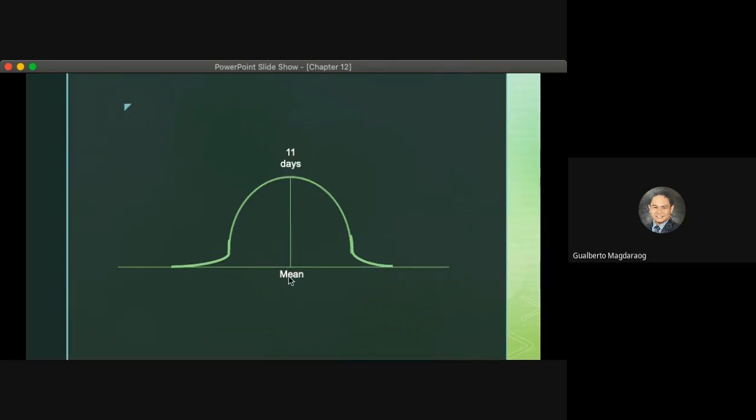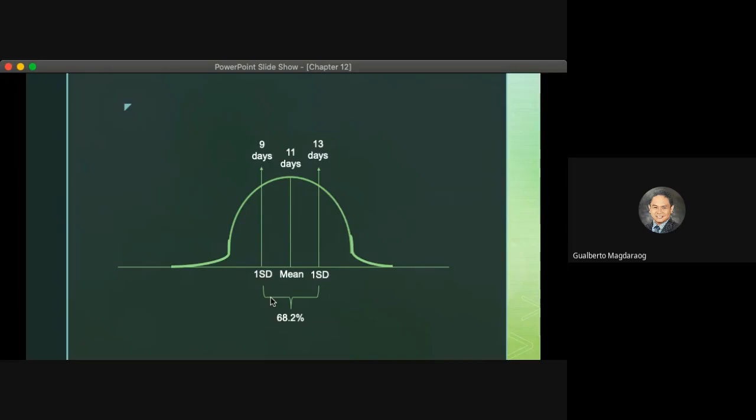So with one standard deviation, which is equivalent to 2 days, and therefore between 9 and 13 days, according to our table for standard deviation, there is a 68.2% chance of finishing the project earlier or later, from 9 days to 13 days.